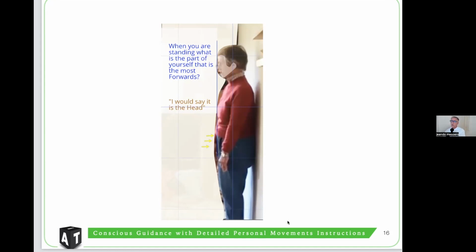And so I asked her, when you're standing, what part of yourself is the most forward? And so I had to explain what I meant by this. I said, apart from the toes, if you imagine you were looking at yourself from the side, yeah? And there is, for example, a wall in front of you, so that we can ascertain the distance between different parts and the wall in front of you.